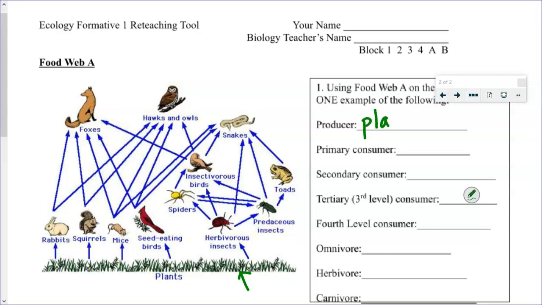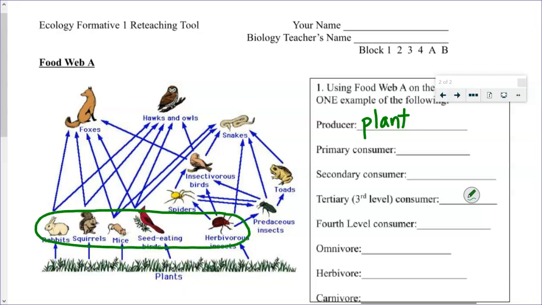So it asks for an example of a producer. There's a plant. How did I know that was the producer? Because there's no arrow pointing to it, right? It's at the very beginning and all the arrows come off of that. So the producers are the ones that are taking in energy from the sun and changing it into sugars for our primary consumers to feed on.